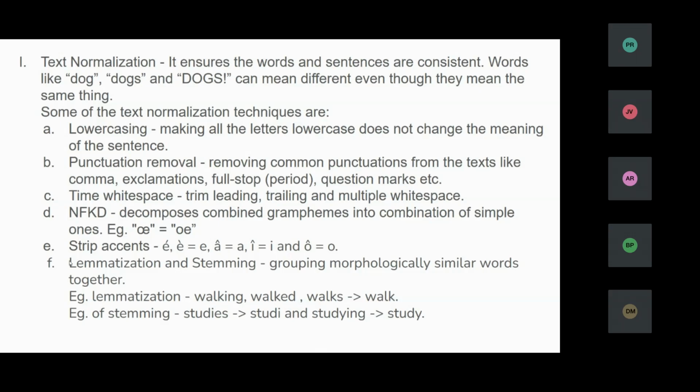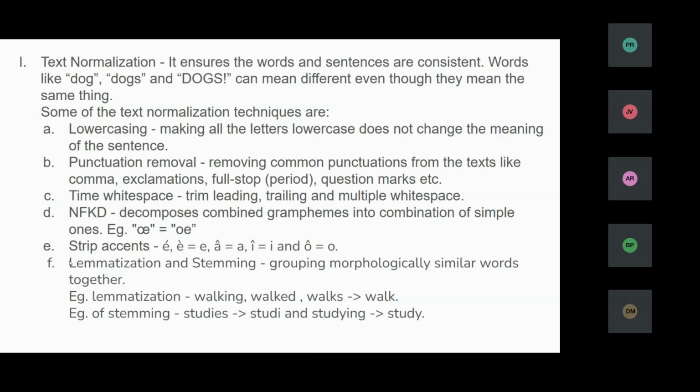The sixth one is lemmatization and stemming, which is grouping morphologically similar words together. The difference between lemmatization and stemming is that lemmatization keeps the dictionary form of words and keeps only meaningful words, and that is also the reason it is slower for real-time applications compared to stemming. Stemming is going to keep only the stem of the word, that is, only the root or base form of the word, and it is not going to form a dictionary form of words.